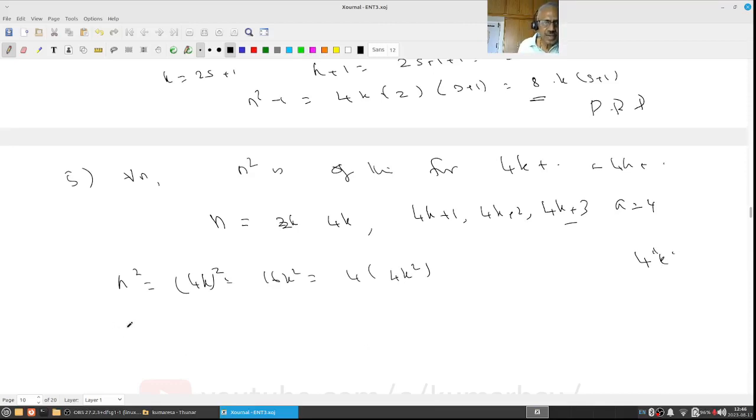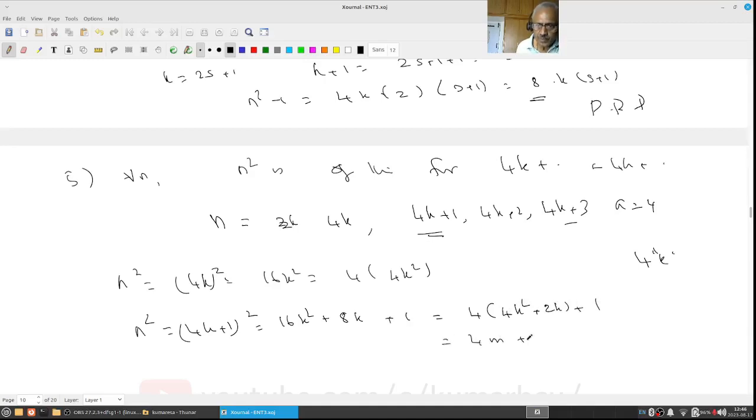Now suppose my n is 4k plus 1, then n squared will be 4k plus 1 whole squared, which is 16k squared plus 8k plus 1, therefore 4 into 4k squared plus 2k plus 1, that is 4m plus 1, therefore it is of the form 4m plus 1.